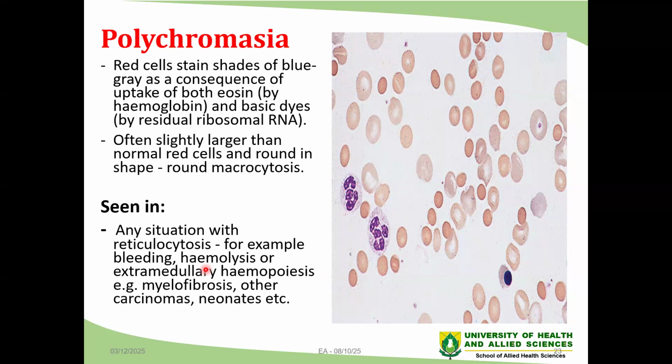The bone marrow is the site that has been designated as the site for blood cell production. However, in this case, you find other organs now producing blood cells. This may happen in cases of myelofibrosis and other carcinomas, and also in newborns. Newborns too may tend to show such a blood picture.